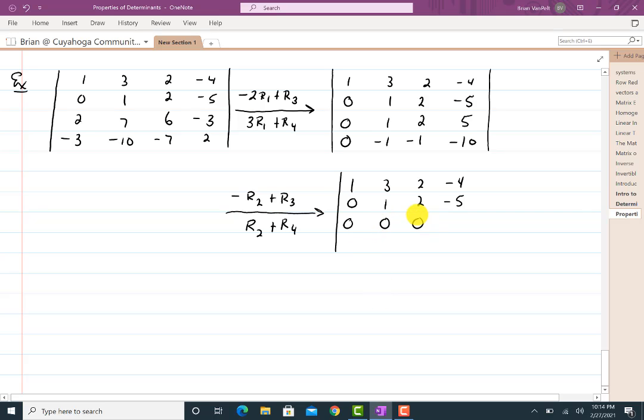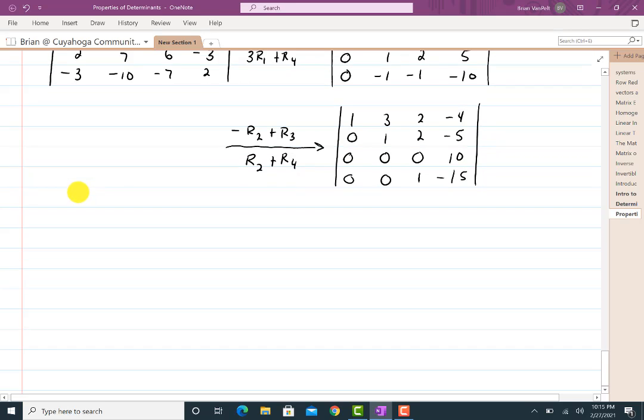Oh, good. Let's see, 10. I'll have a 10 here. And then when I wipe out the 4th row, see what I did. 2 minus 1 will be a 1. -5 minus 10 will be -15.